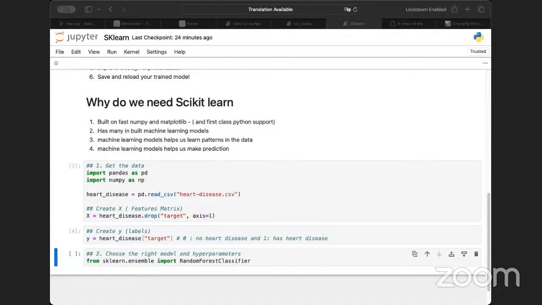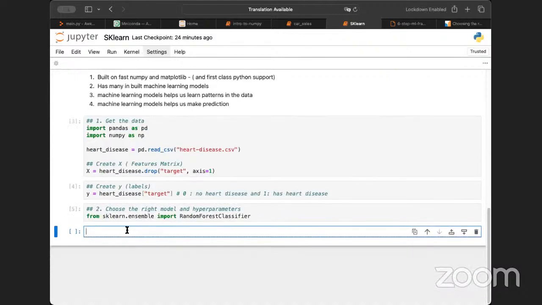It basically works on top of trees, if you are familiar with data structures and algorithms, and that is where the random forest comes from. If you want to, you can look at the Python implementation itself and read about random forest classification. Cool. And boom, we have imported it.